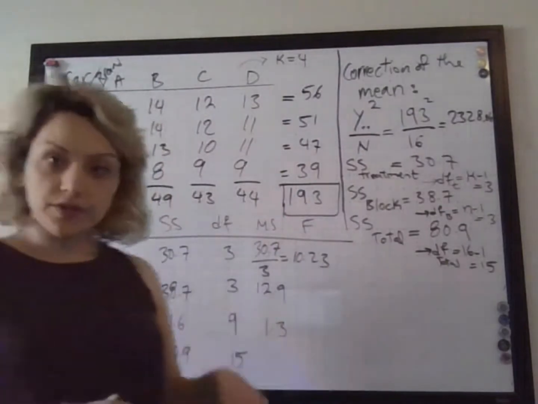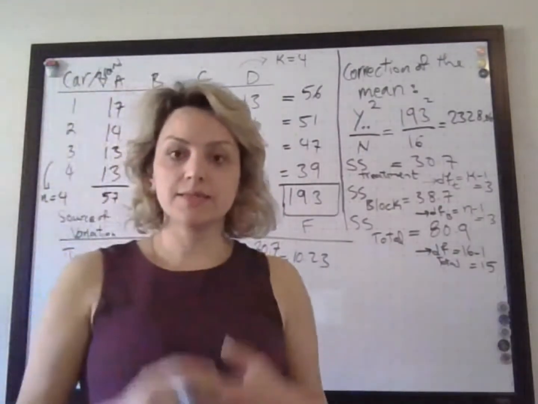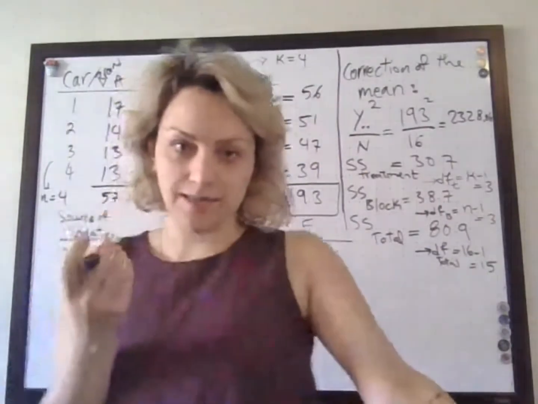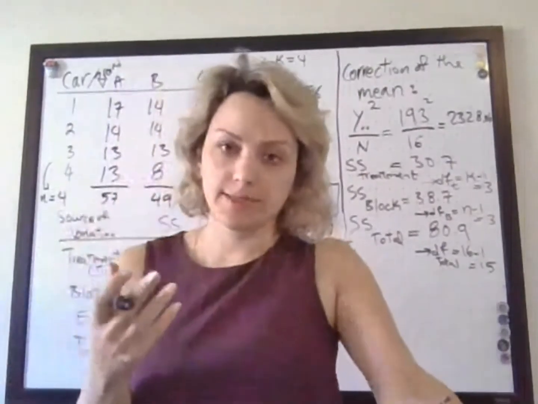This 1.3, which is the MSE, is the same as sigma squared. It's an estimate for the variance of the whole process.